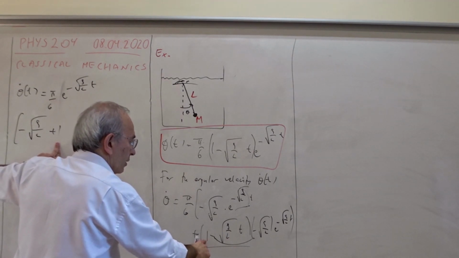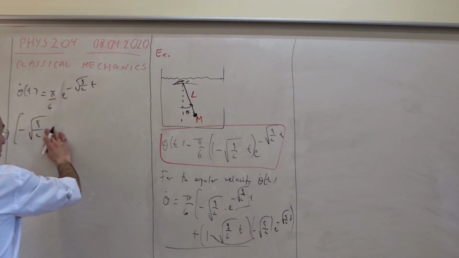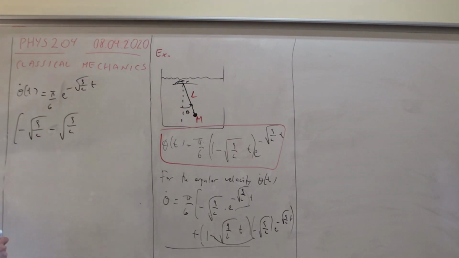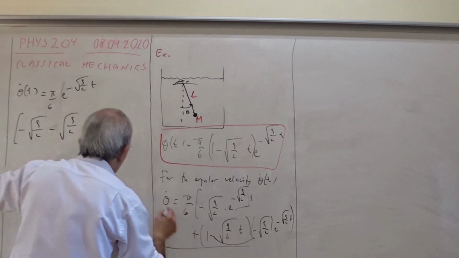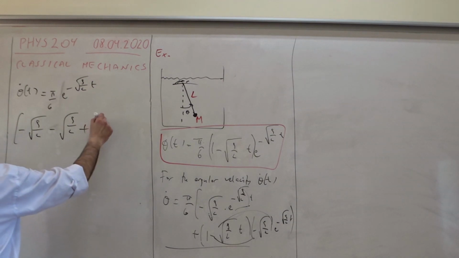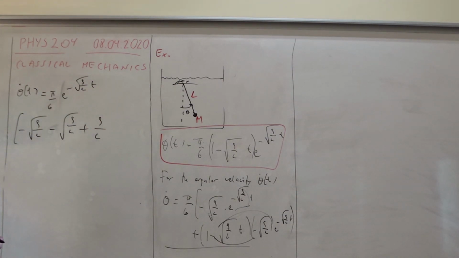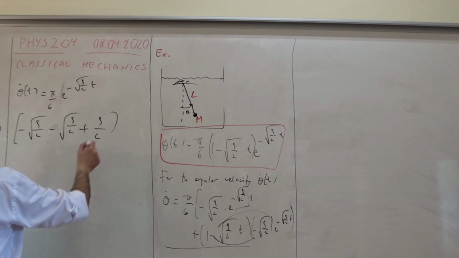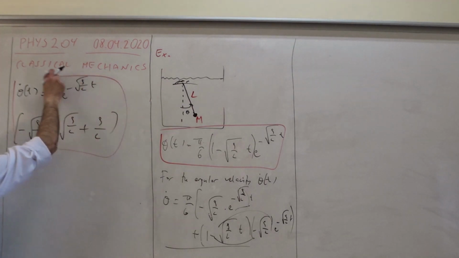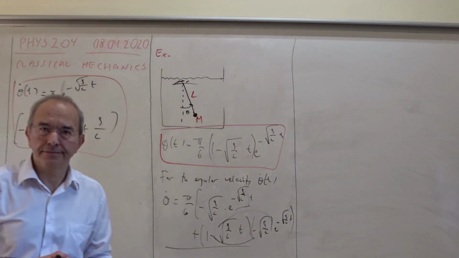But this one means minus root g over L and plus this part, g over L without the root. So the theta dot of t, maybe you can get it as twice. So theta dot is found by this result.